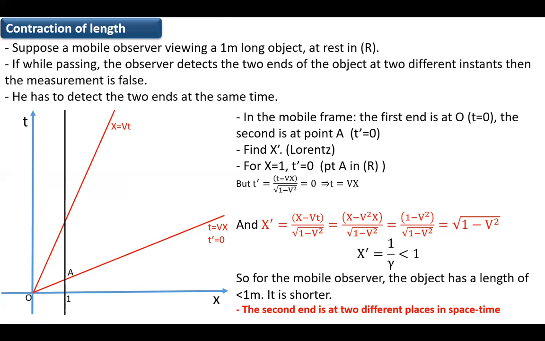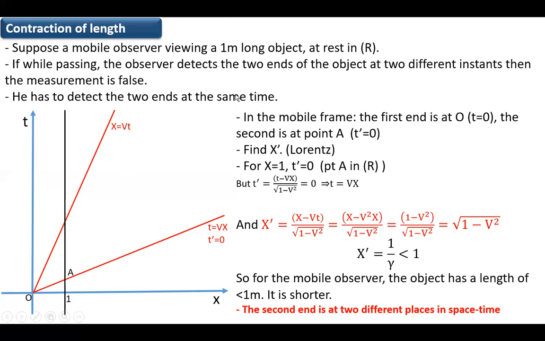If he detects the two ends of the object at two different instants of time, his measurements would be completely false. Because as we saw in the synchronization, to make a real and true measurement, you need to detect the two ends of the object exactly at the same time.